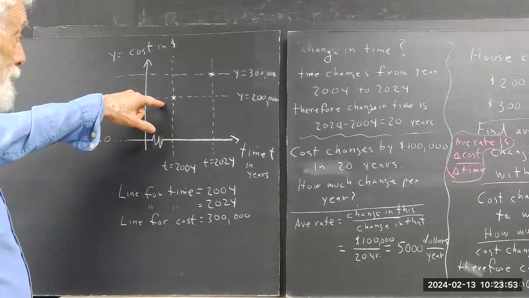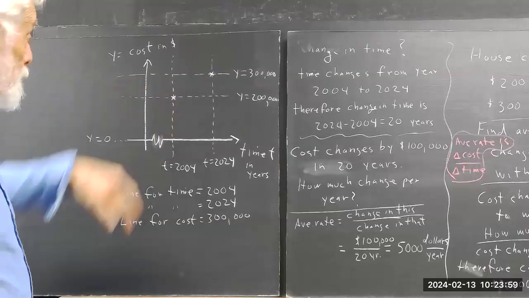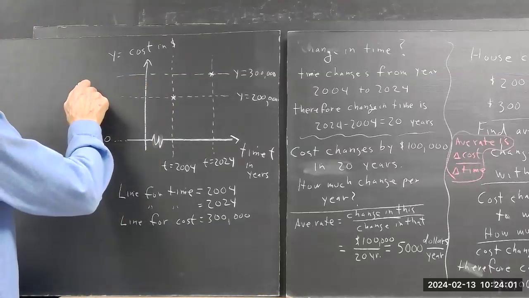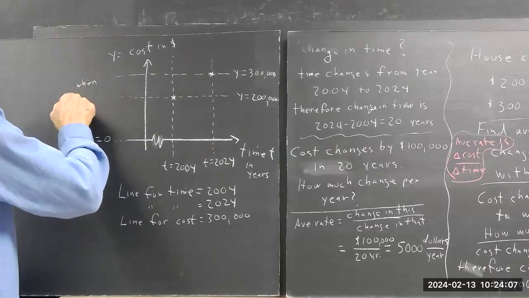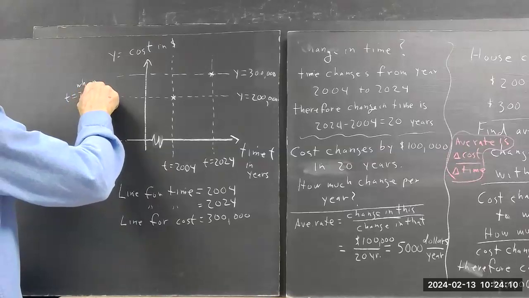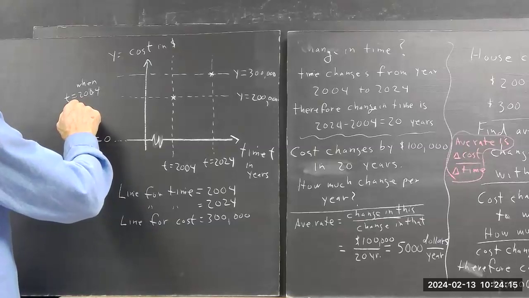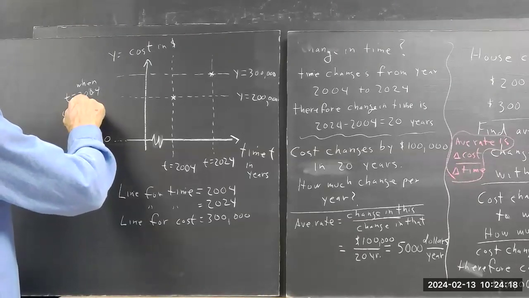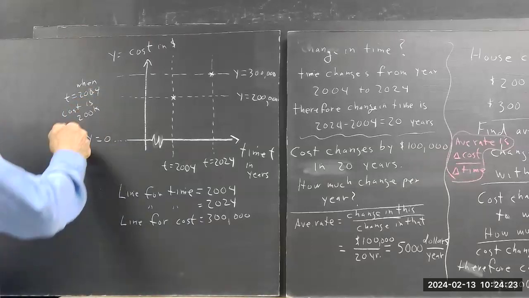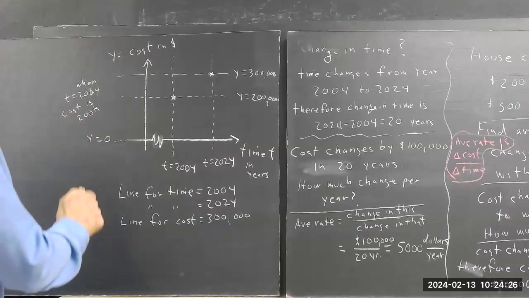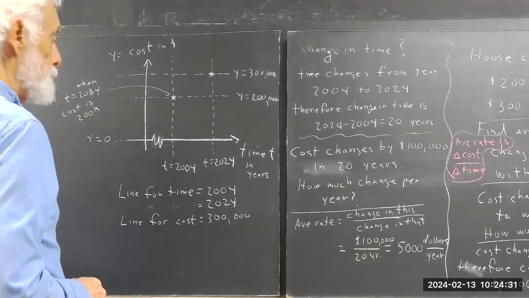Because this point says when T equals 2004, Y is 20,000. You know, the way I always do it is like 200K instead of 200,000. That's what this point tells us.